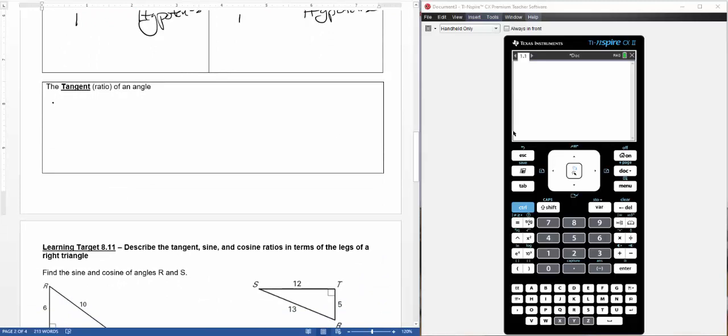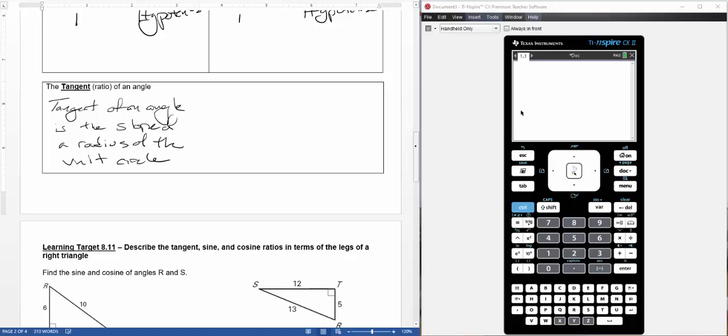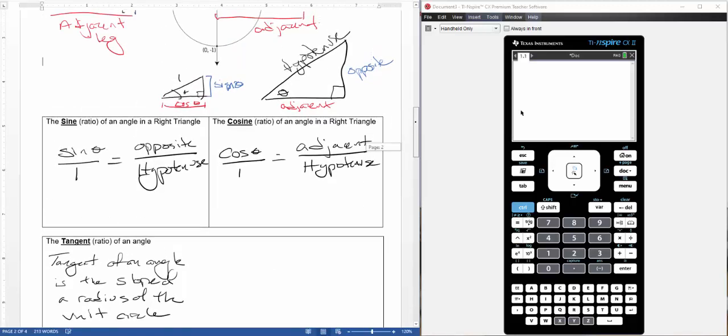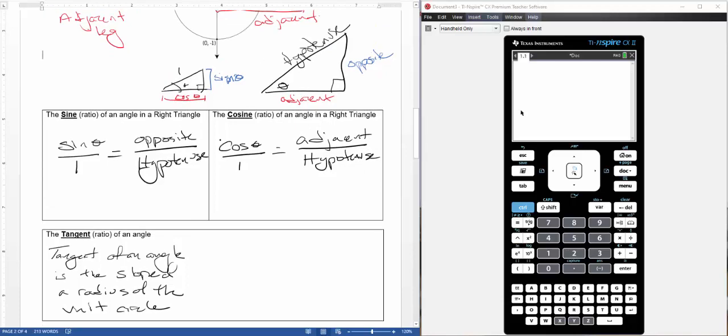So I'm going to write down that the tangent of an angle is the slope of a radius of the unit circle. And much like sine and cosine, we can define this in terms of any old right triangle.